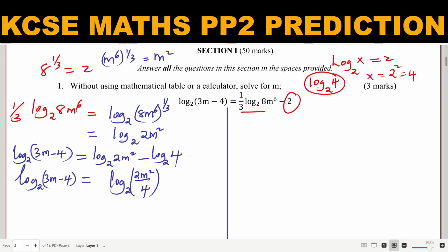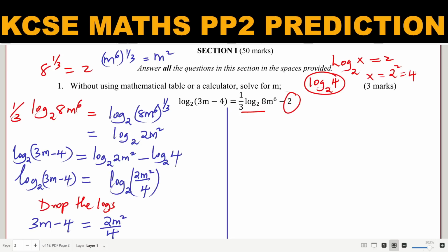Once we've done that, you can see we have logarithm on both sides of the equation. The next step is to drop the logs from both sides, and when you drop them, you will have 3m subtract 4 is equal to 2m squared divided by 4.